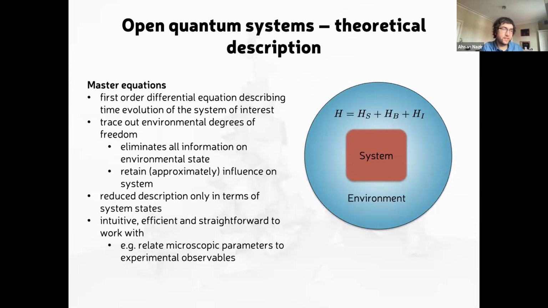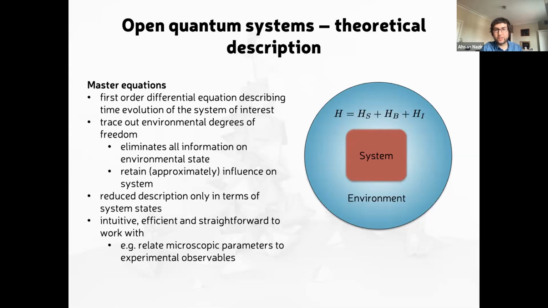And master equation approaches, as many of you will know, are first order differential equation approaches that describe the time evolution of the system of interest rather than the full unitary evolution of the system plus environment. So what that means is we trace out the environmental degrees of freedom in some manner, which generally eliminates information on the environmental state.